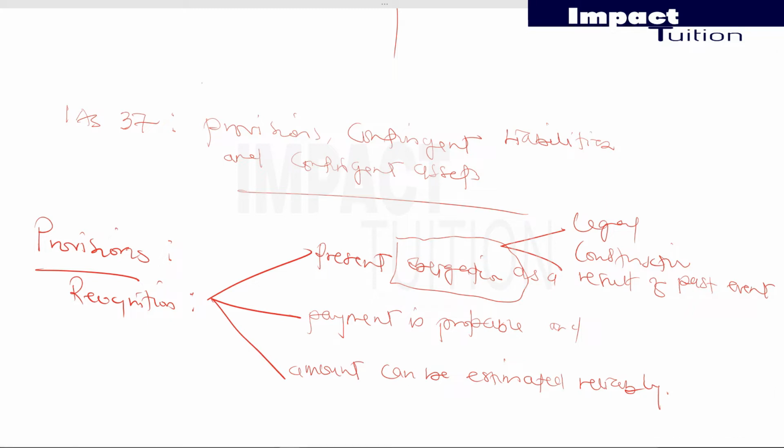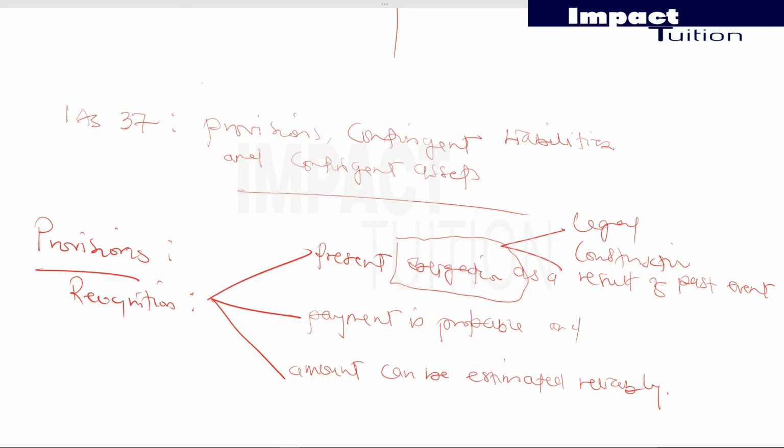And if it arises because of your past practice, because it has created a valid expectation on the part of third parties. So you have a way of doing things, and out of how you do your things, it has created some expectation in the minds of people that whenever this is the situation, the company behaves this way.